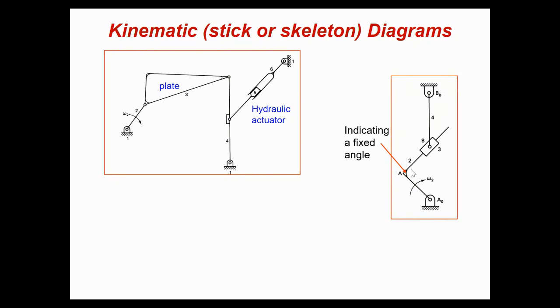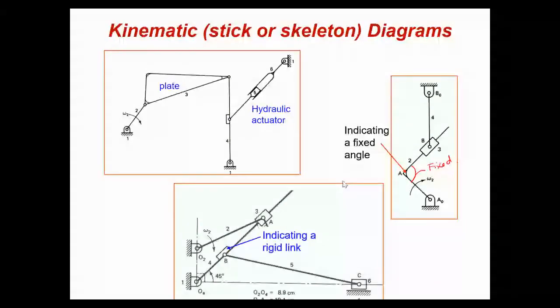Okay, and this thing over here is that you have a fixed angle. That is the angle between this part, A0A, and A, whatever, B or C. This angle does not change. For example, this angle we are showing here is fixed. It doesn't change. So we show that by putting a kind of a welding over there again.